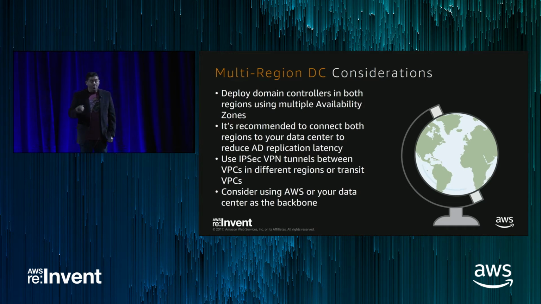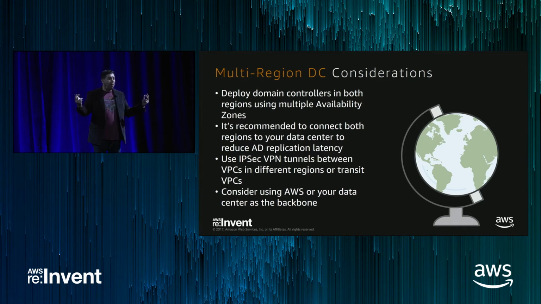If you want to enable replication across domain controllers within AWS and use AWS as the backbone, which you also can do and is supported, then set up IPsec VPN tunnels between those VPCs in the different regions. You can also configure transit VPCs in each of those locations in those regions so that replication can occur over those transit VPCs.